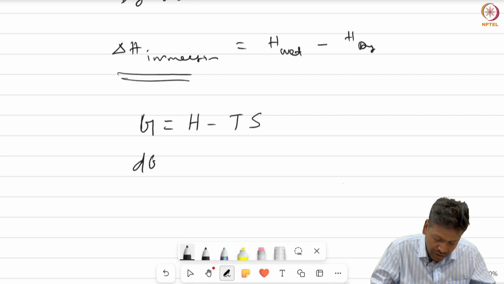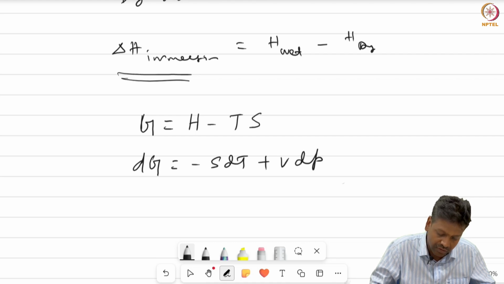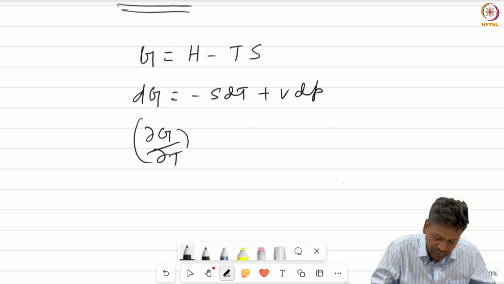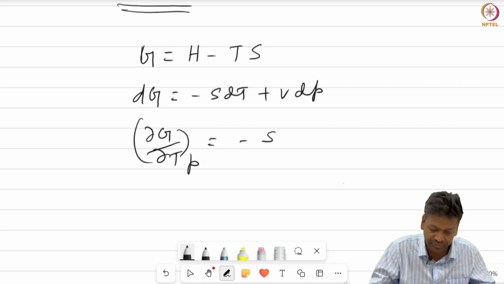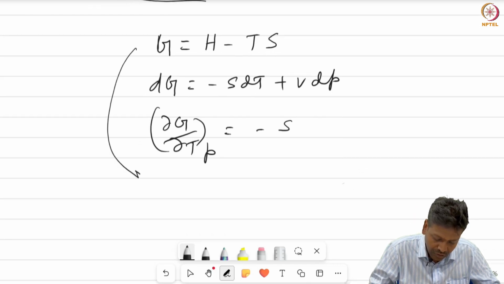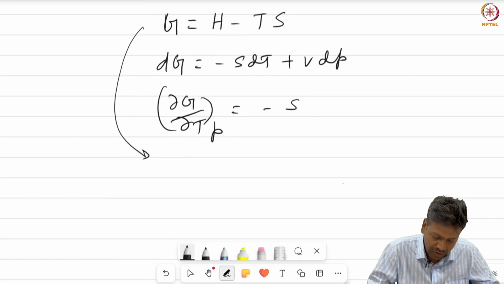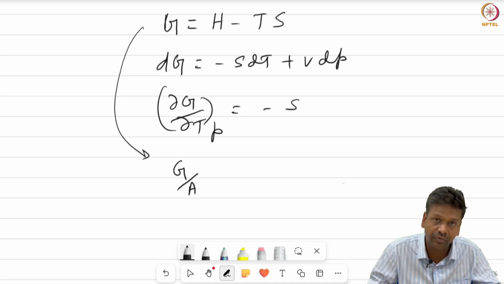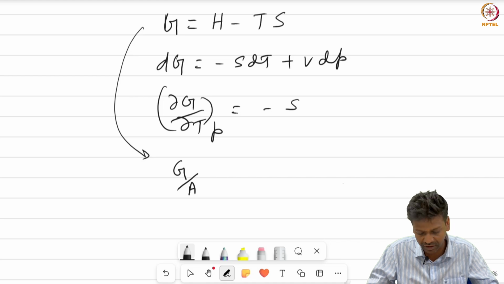And we also know Gibbs free energy in differential form, which is nothing but minus S dT plus V dP. So at constant pressure, dG by dT at constant pressure is nothing but minus S. Sometimes we also refer to the excess Gibbs free energy as G by A itself, which is Gibbs free energy measured per unit area.